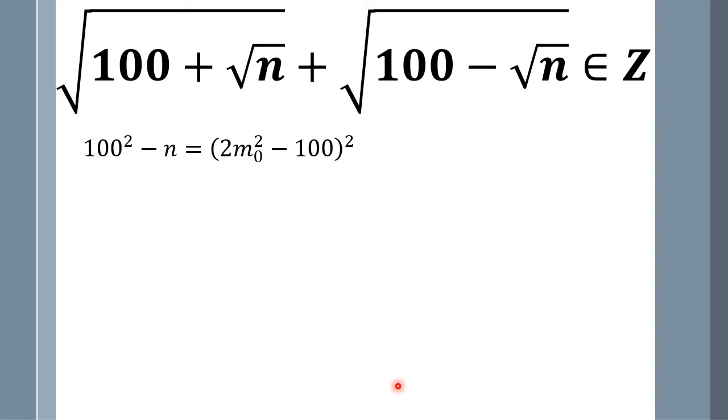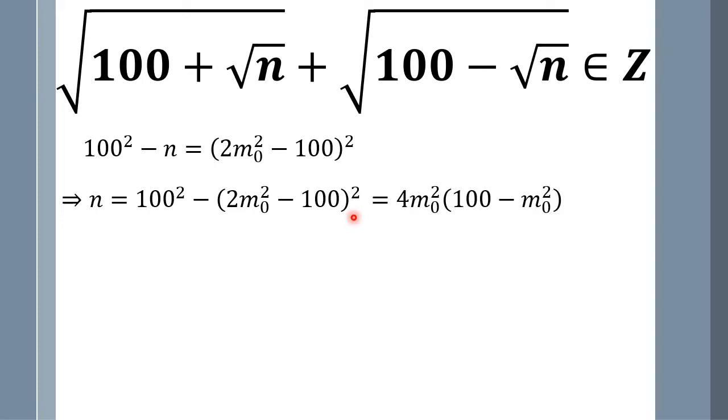We do a simple manipulation of this equation and get n equals 100 squared minus (2m0 squared minus 100) squared, which leads to 4m0 squared times (100 minus m0 squared).